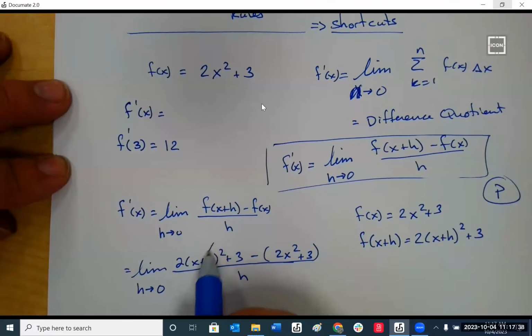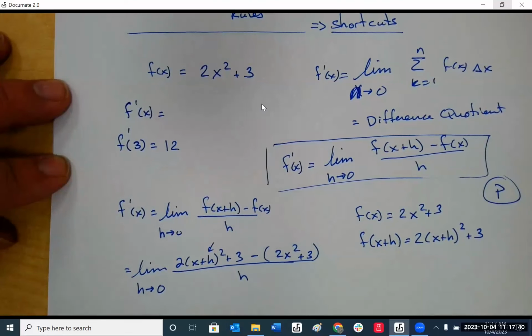We have to FOIL that next. The x plus h squared becomes x squared plus 2xh plus h squared, plus 3 minus parentheses 2x squared plus 3.